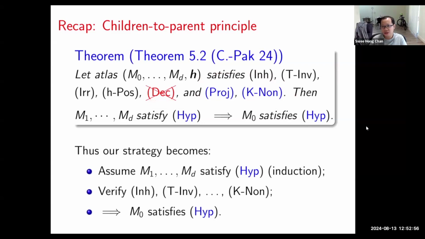Are the new conditions harder to check, or easier to check? Unfortunately, they are harder to check. In fact, this condition implies both of these two conditions, but these two conditions are more general and harder to check. I see. So that's why we need to put more effort to prove Stanley's inequality.